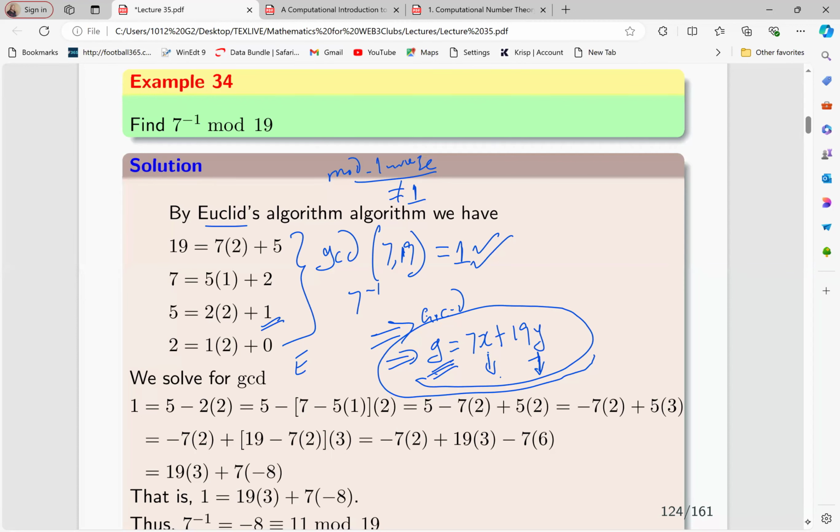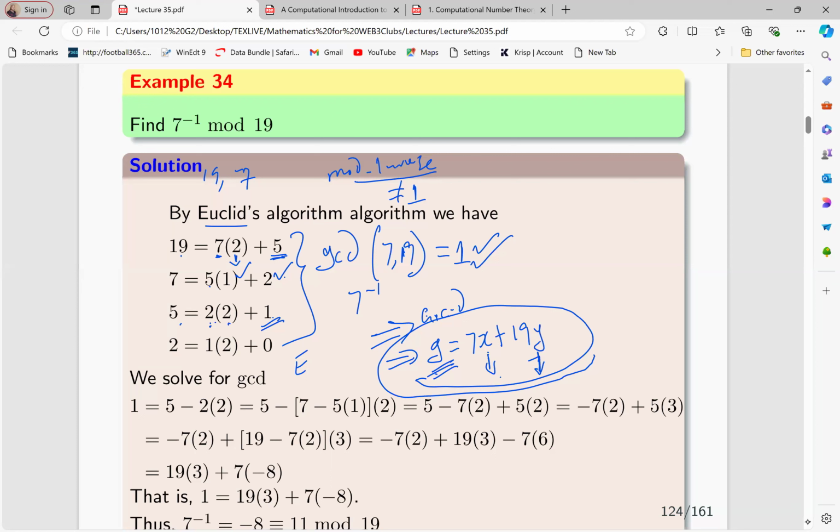You have 19 and 7. 7 into 19 how many times? Twice. The remainder is 5. 5 into 7 how many times? Once. The remainder is 2. 2 into 5 how many times? Twice. The remainder is 1. So that is what that function will be doing.